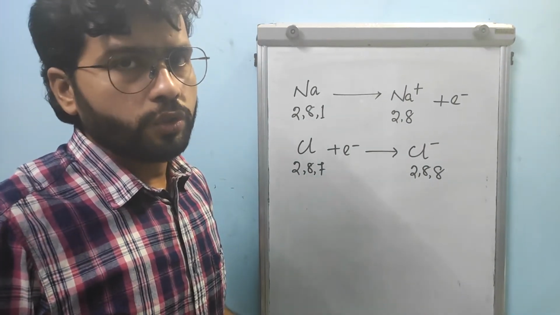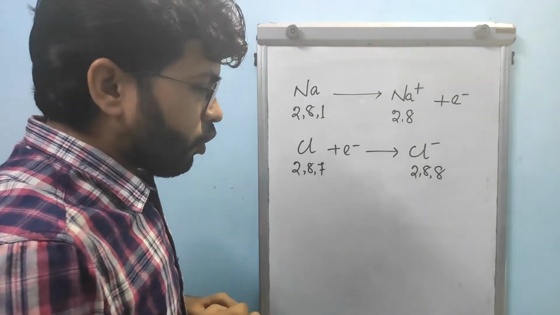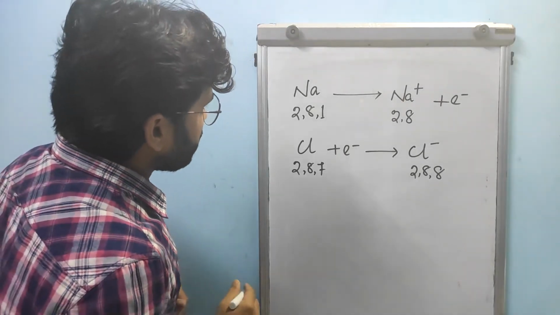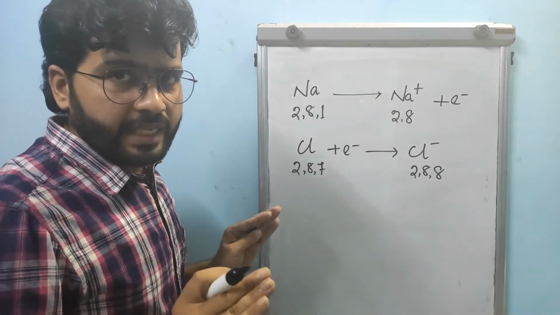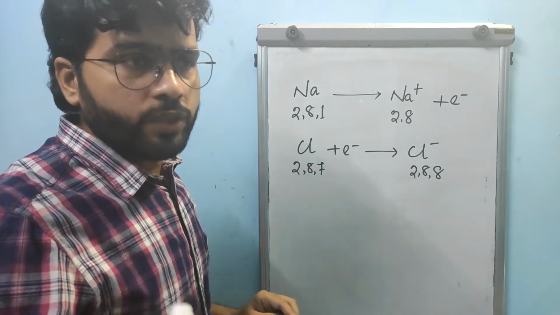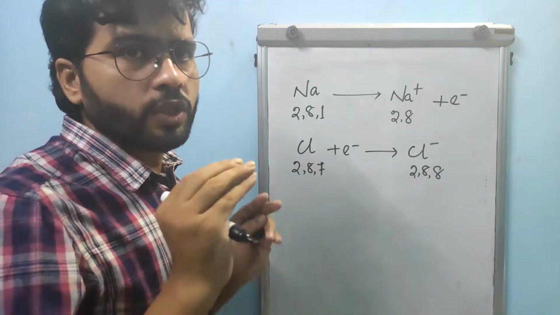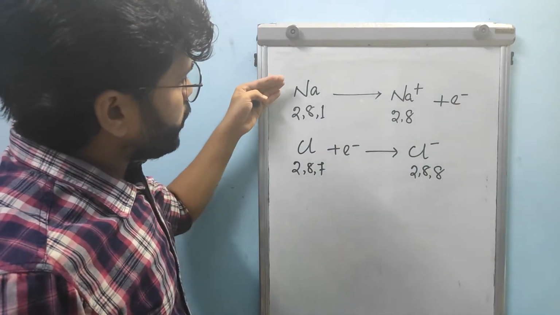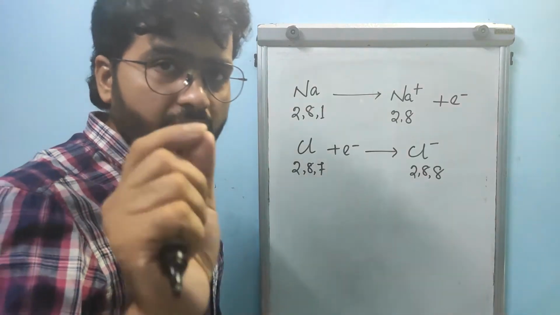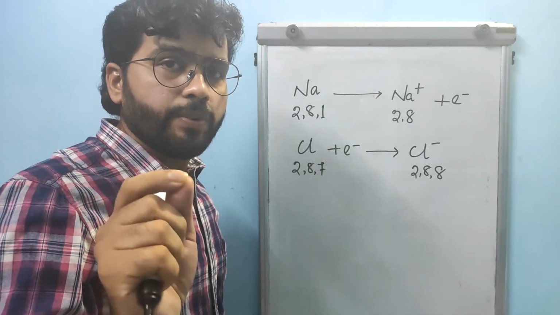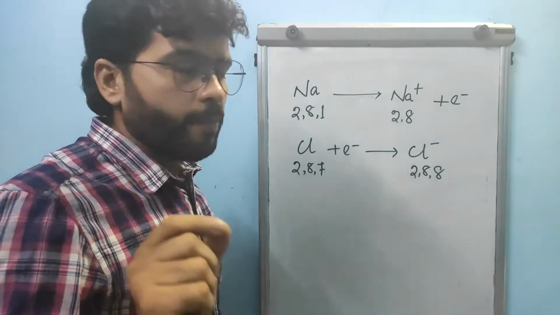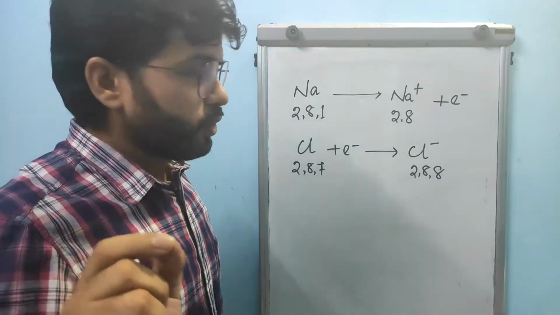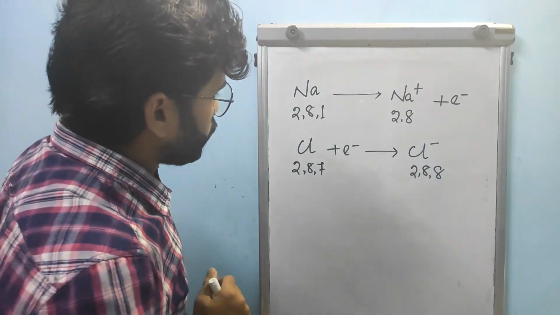We will represent that through the electron dot structure. When I say electron dot structure, we are representing the valence shell electrons of that particular atom through dots or crosses. In order to distinguish between sodium and chlorine, the valence shell electron of sodium will be represented through a dot and that of chlorine through a cross. What will be the electron dot structure of sodium?